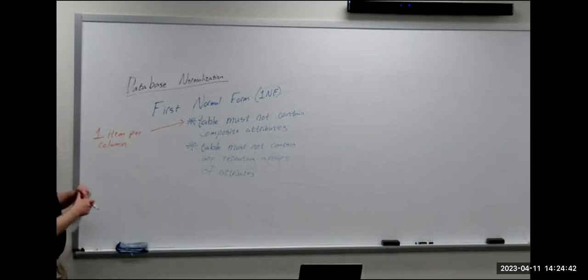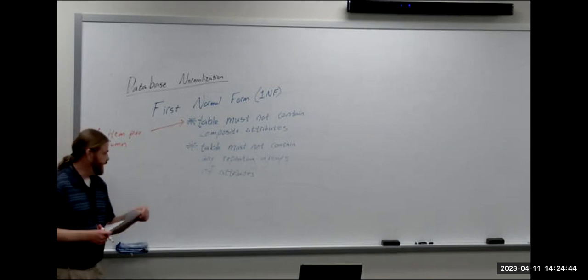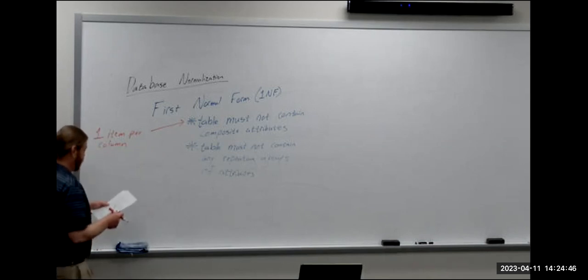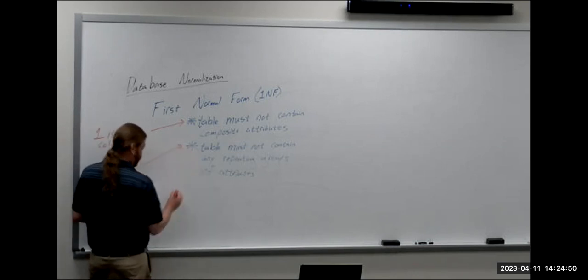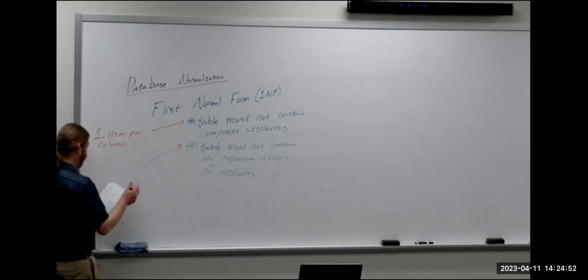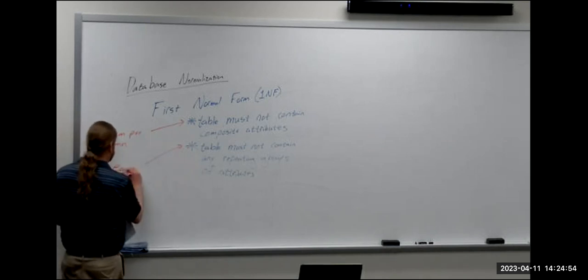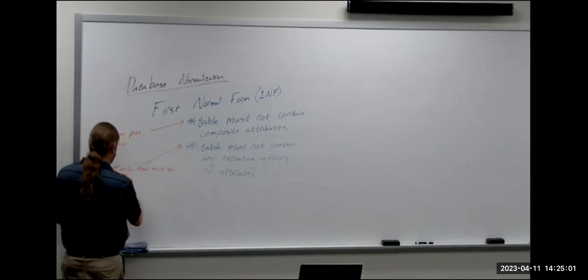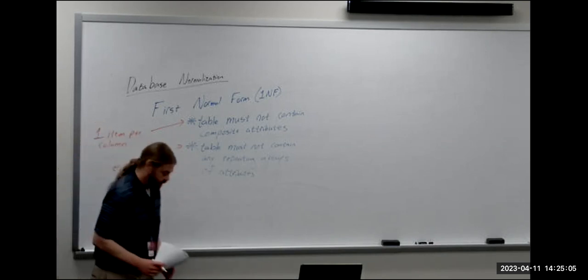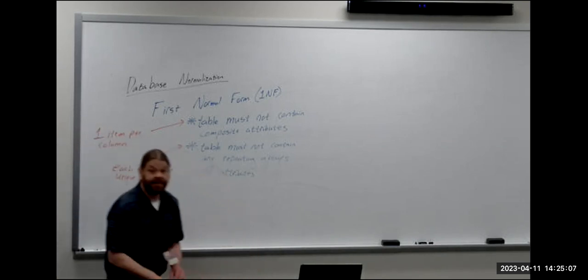And the second one, table must not contain any groups of attributes. To put that in normal English, let's say each row must be unique. And notice that I stopped the sentence there.